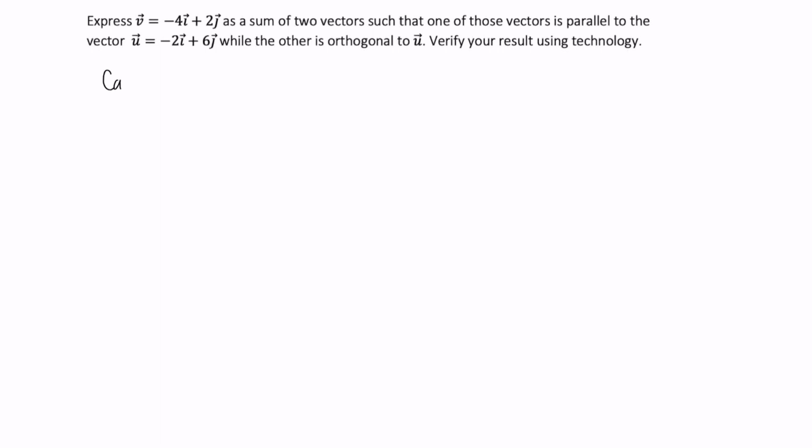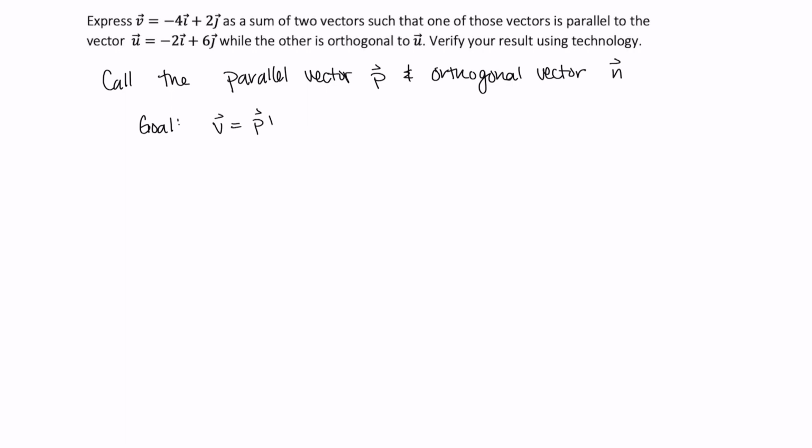First things first, let's call the parallel vector P for parallel, and the orthogonal vector N for normal. Now, using these names, our goal becomes writing V as P plus N. Let's start by finding P, since recall that the projection of vector V onto U is parallel to U, so that'll be our parallel vector.